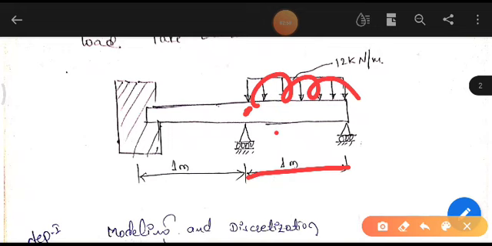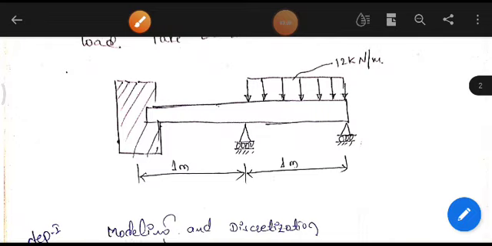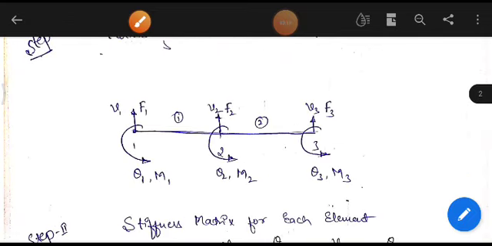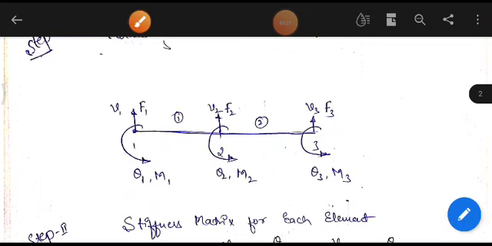As we create a node, it automatically creates the second element. So in this problem we consider this cantilever beam as two elements. This is the first element and this is the second element, and these two elements are connected between three nodes, node 1, 2 and 3.